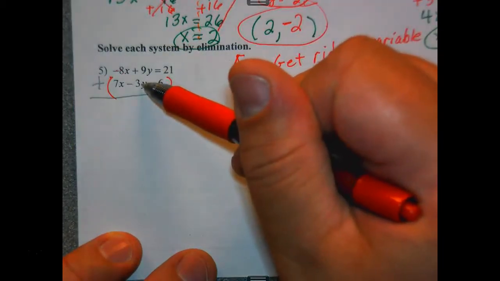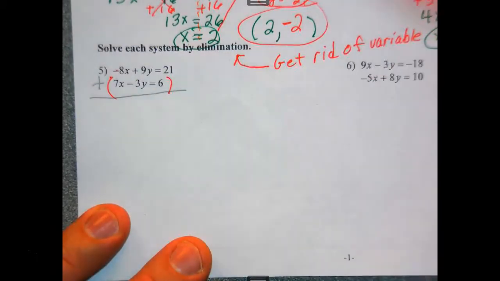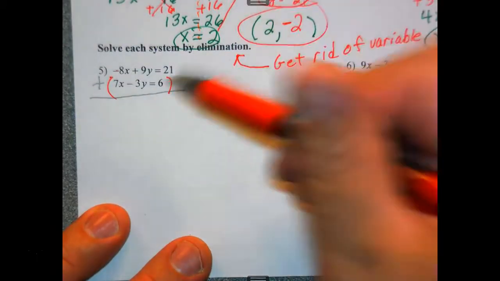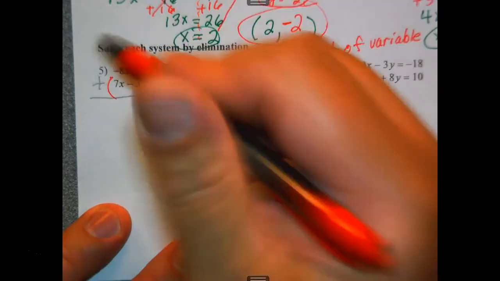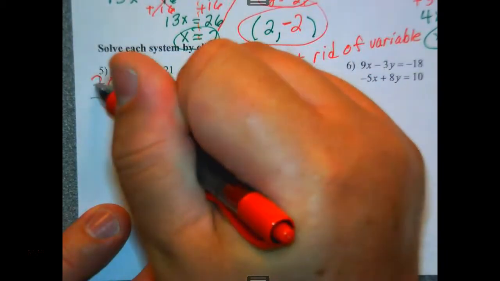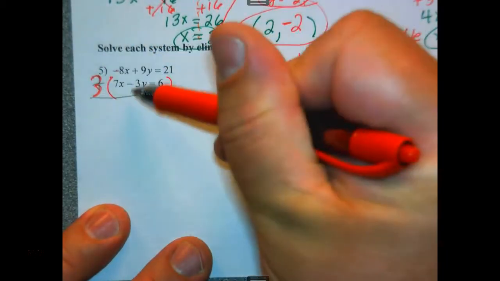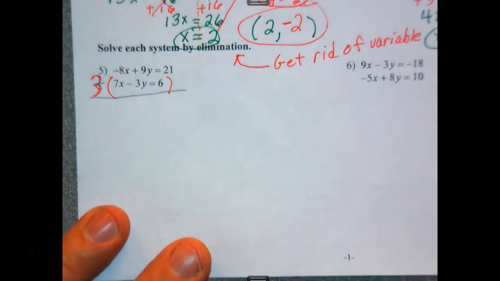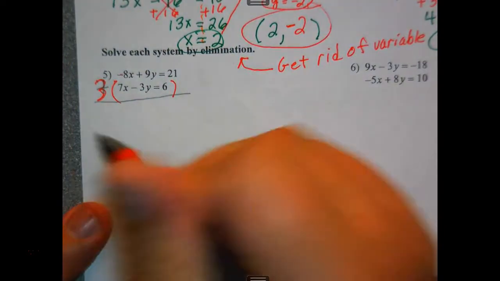Indeed, on the y's, 3 is a factor of 9. So I'm going to multiply the bottom one by 3. And since we have different signs, I don't have to worry about multiplying by -3.